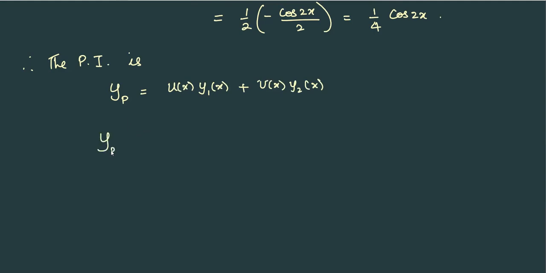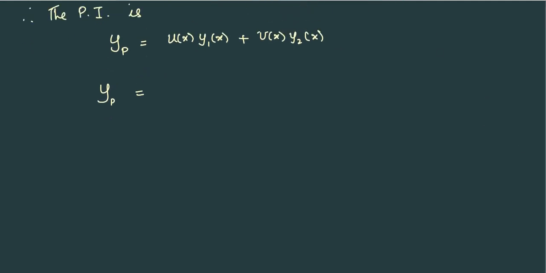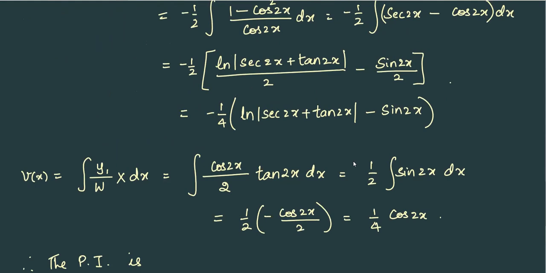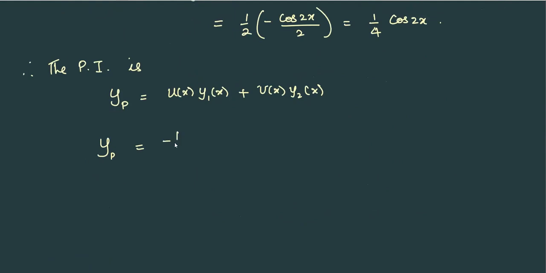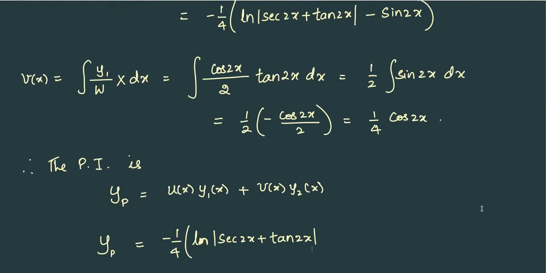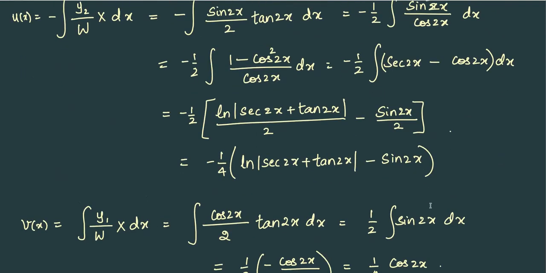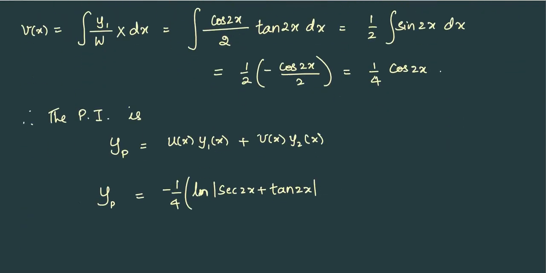Now u is what we just found: minus 1 by 4 times log mod secant 2x plus tan 2x, minus sin 2x.